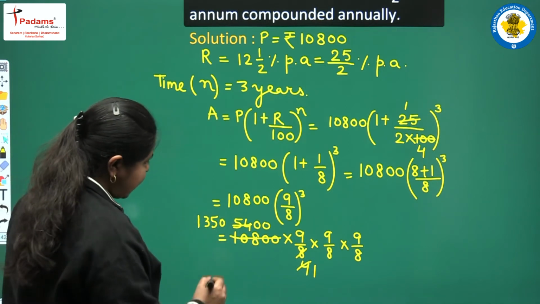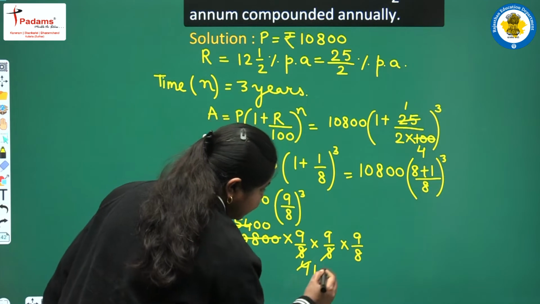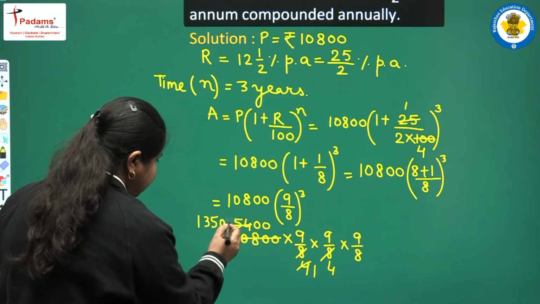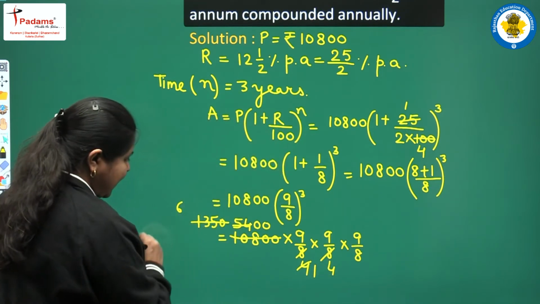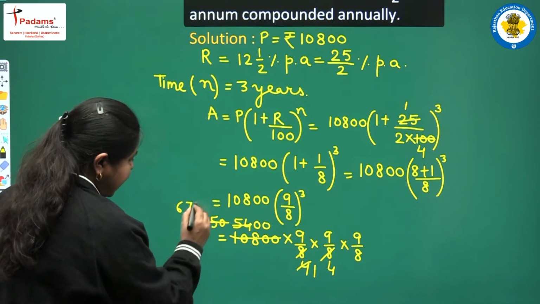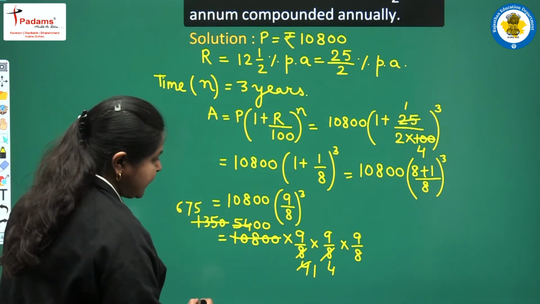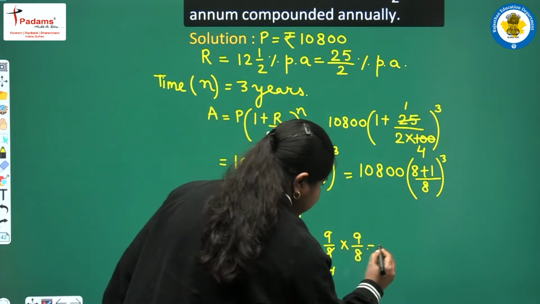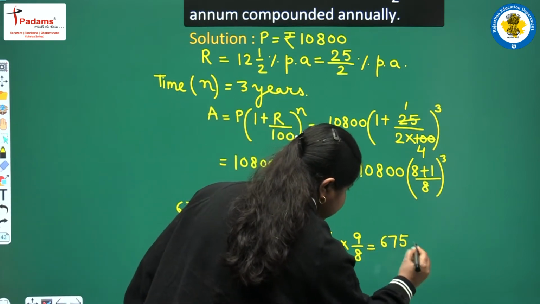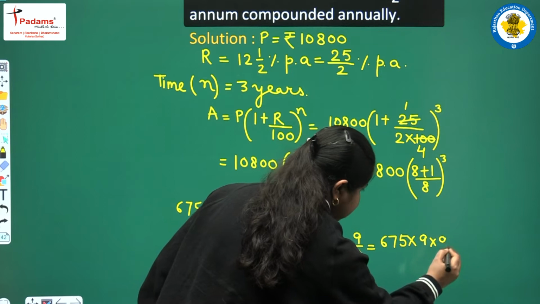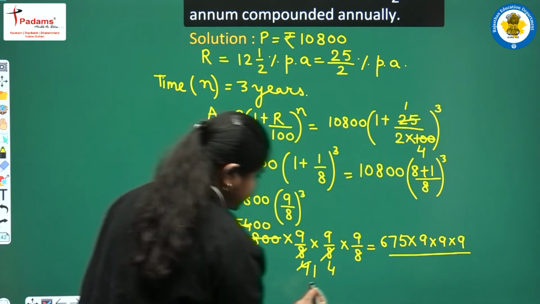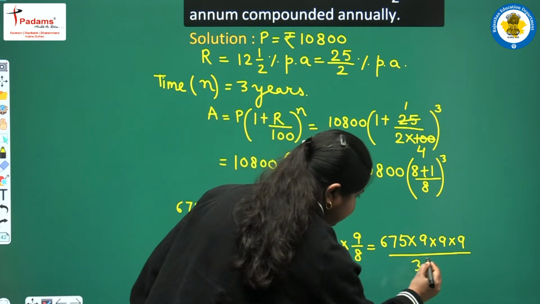Next here we can again divide by 2. Here we can write 2 4s are 8, and on dividing by 2 we will get 2 6s are 12. Then 7s are 14 and 5s are 10. So in the end we are left with 675 into 9 into 9 into 9 upon 4 8s are 32.